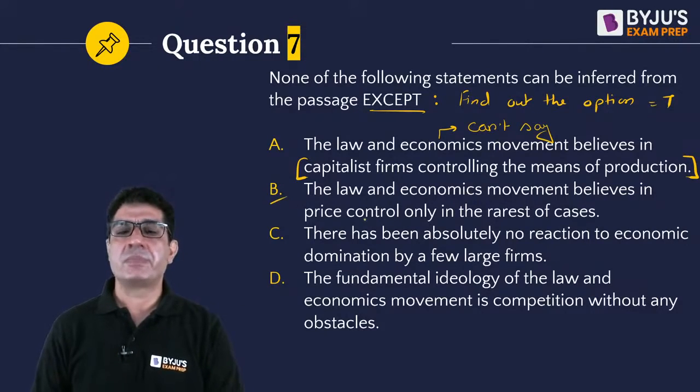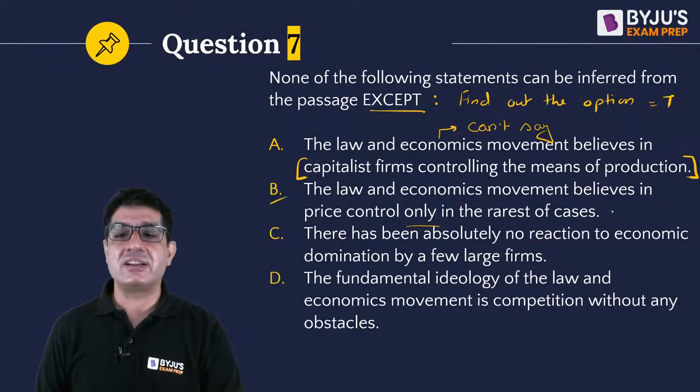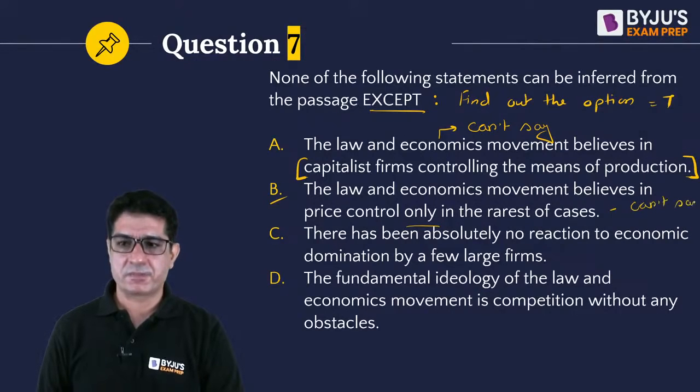Let's look at B. The law and economics movement believes in price control only in the rarest of cases. They are against price control, right? They don't want that to happen. They are neoclassical economists. Free market, no government intervention. So there is no exception cited in the passage. So this is going to be can't say or probably false.